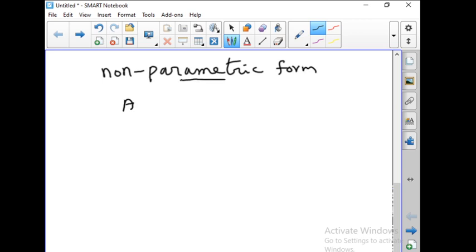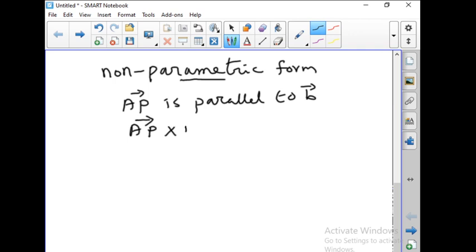AP is parallel to b. When two vectors are parallel, we know that the cross product is equal to 0. So AP cross b is equal to 0. Now AP is OP minus OA, so (r minus a) cross b is equal to 0. This is the non-parametric form.